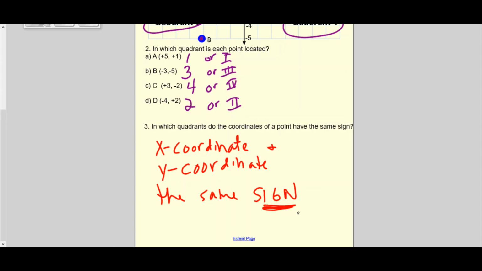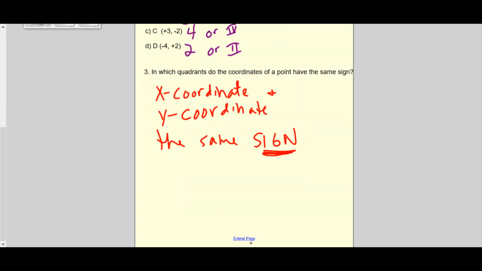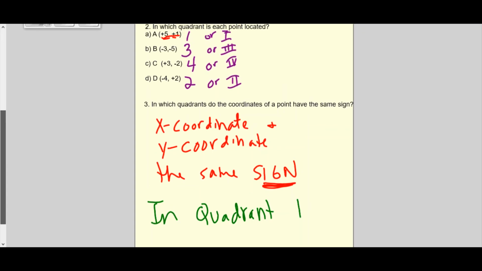Not one of each. So if we look at our ordered pairs that we had in number 2, we had +5 and +1. So those had the same sign. Those were both positive. So that would be one answer. So let's say in quadrants, in quadrant 1, we have the same sign. Let's see, is there another one?